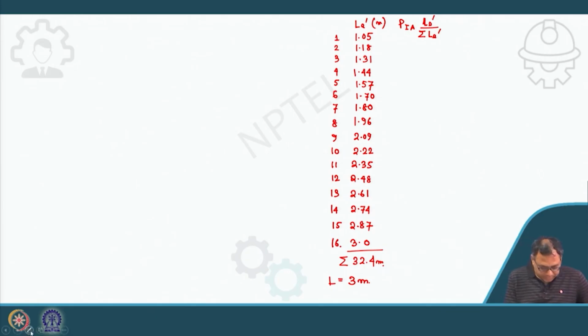Or if I write these things this side, how will the forces be distributed? The forces will be distributed in each reinforcement layer.